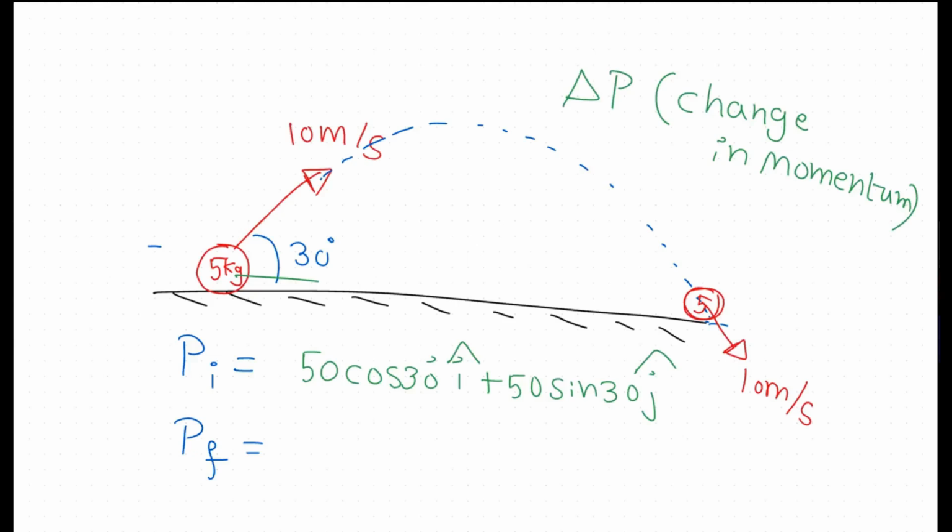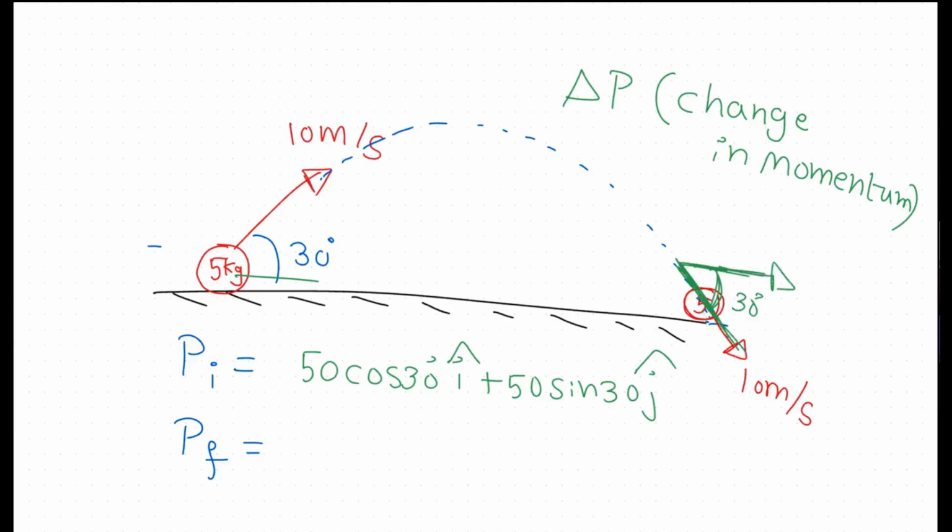Angle we have to write properly. How do we mark it? With the horizontal it will make 30 degrees again.